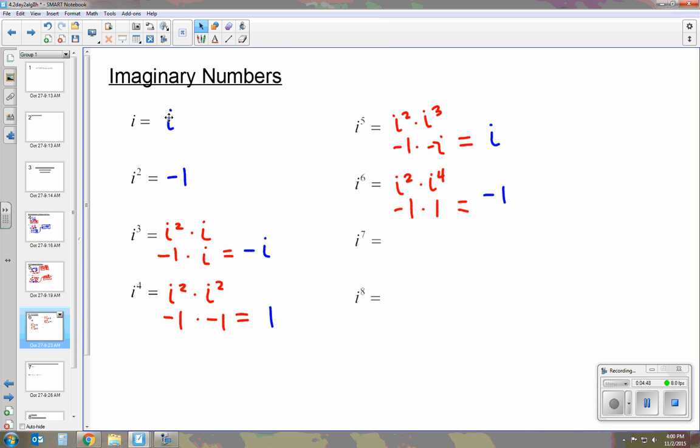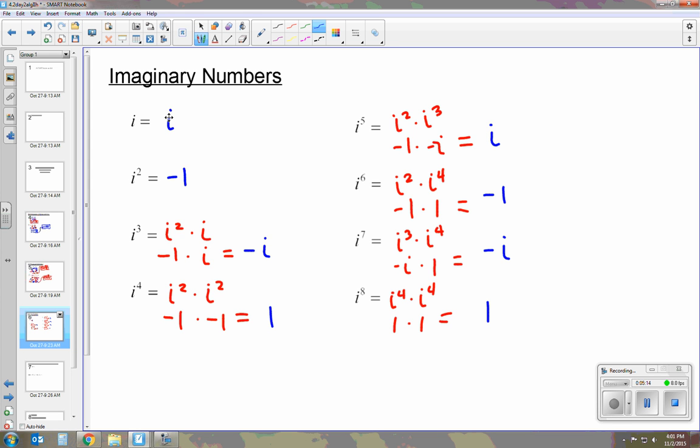Next is i to the 7th. Let's do i cubed times i to the 4th. i cubed is -i, i to the 4th is 1. So that's going to give us -i. i to the 8th is i to the 4th times i to the 4th, which is 1 times 1, which gives us 1.